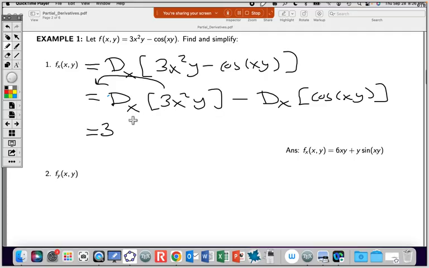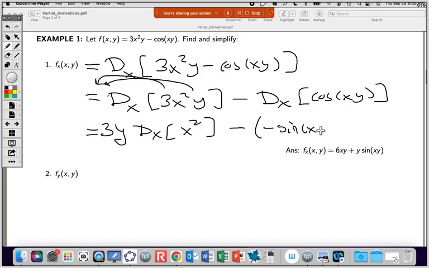We're taking the derivative with respect to x. We're treating y as a constant. So I can treat the y just like the 3 and bring that out front too. Minus, now I've taken the derivative of the cosine of something. What's the derivative of cosine of something? Chain rule says it's going to be minus sine of that thing times the derivative with respect to x of that thing.